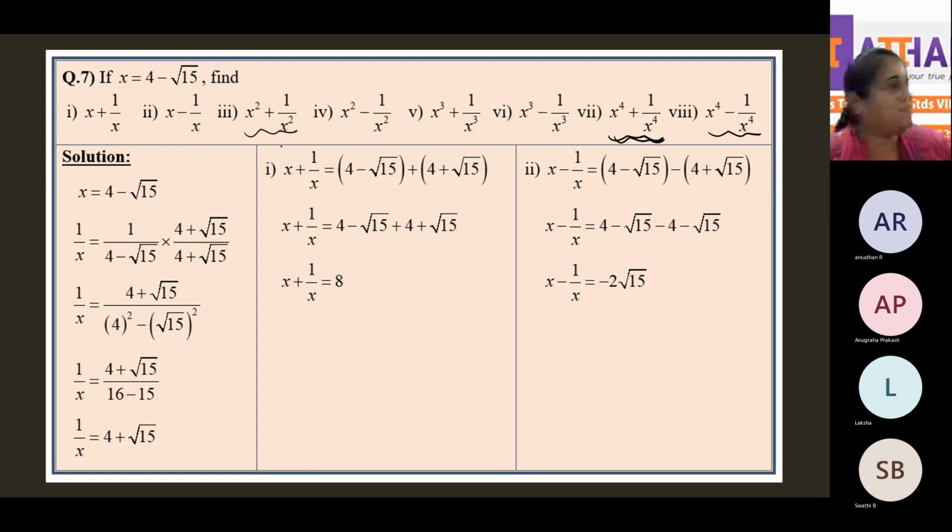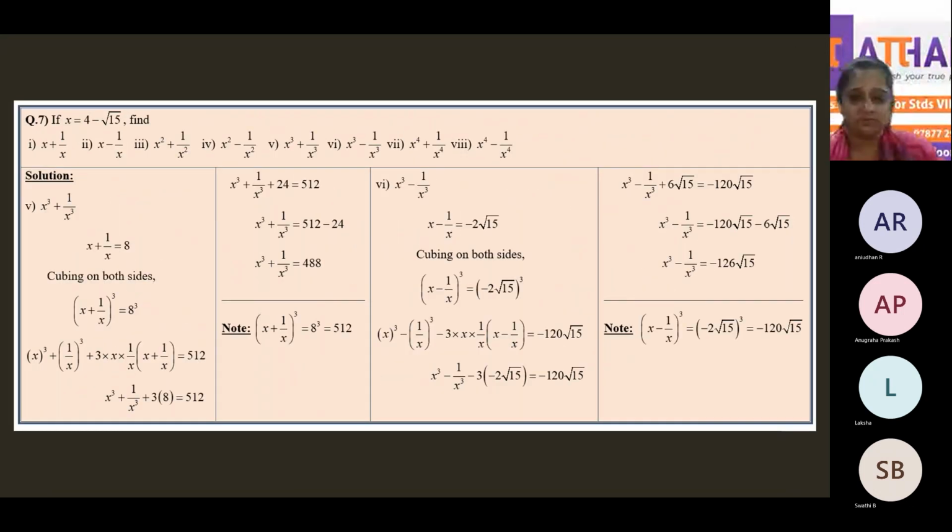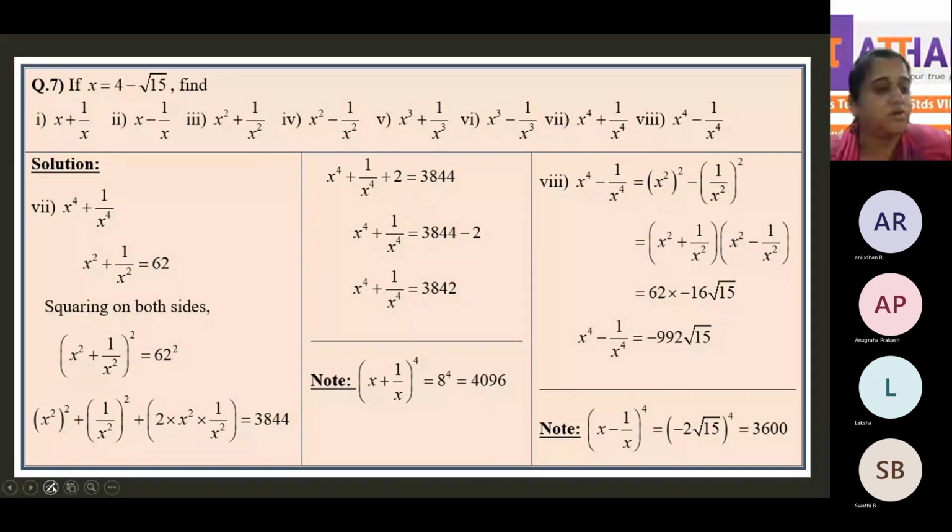I found the value of x squared plus 1 by x squared earlier, so square that on both the sides to get the value of x to the power 4 plus 1 by x to the power 4.